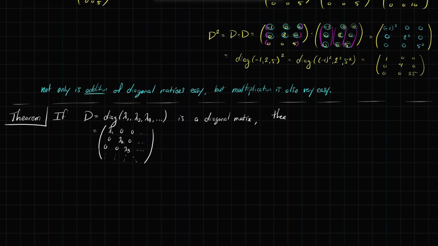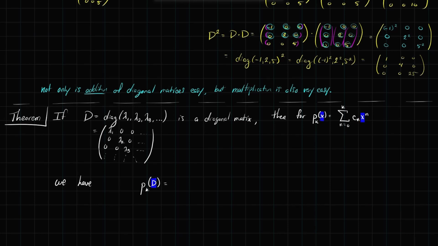Then, for any polynomial, we'll say p of x, p for polynomial, this is equal to a sum of some coefficients against some powers of x, n equals 0 to k, so we'll call it a kth degree polynomial. If I evaluate the polynomial on the input D, now what does that mean?